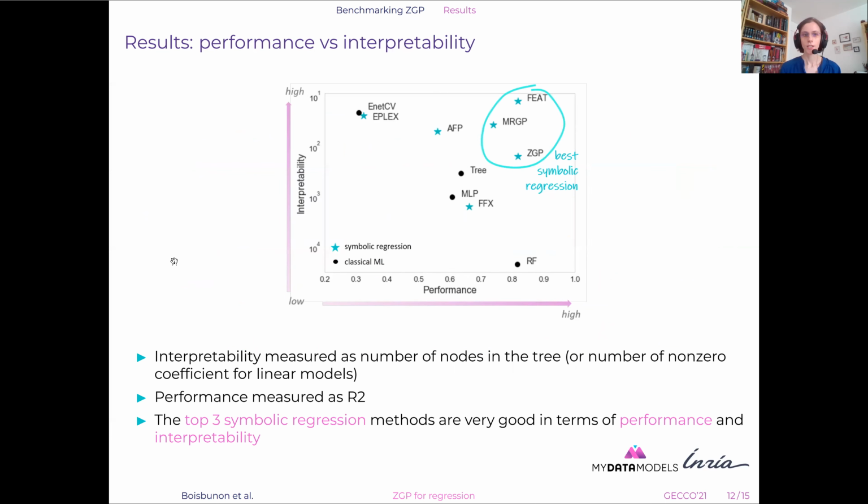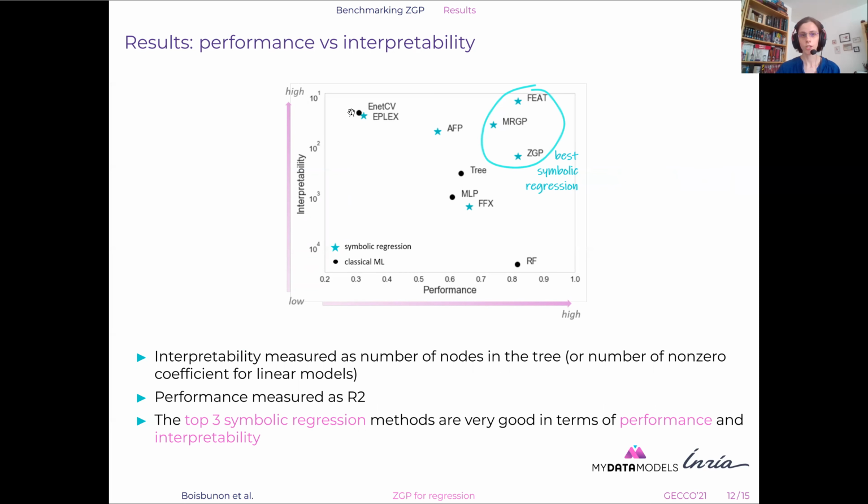So if I go back to the graph of interpretability versus performance and plot the values of the algorithms we had in the benchmark, here I defined the performance with R2, and the interpretability as the number of nodes in the tree or the number of non-zero coefficients for linear models.